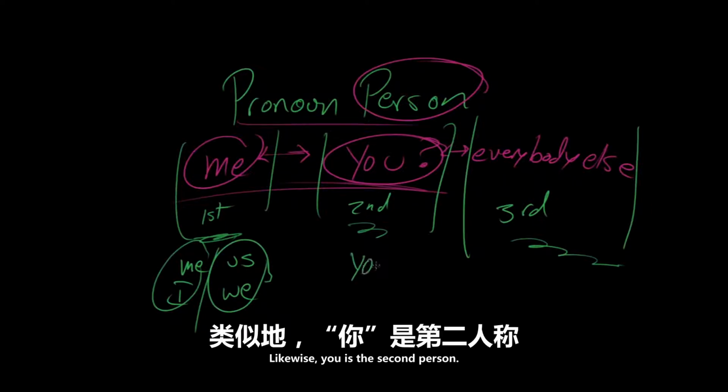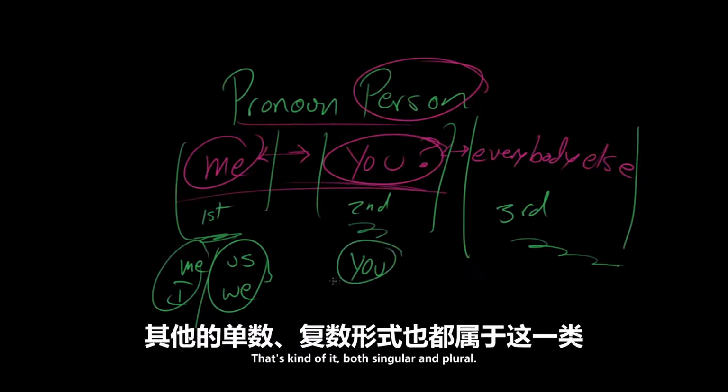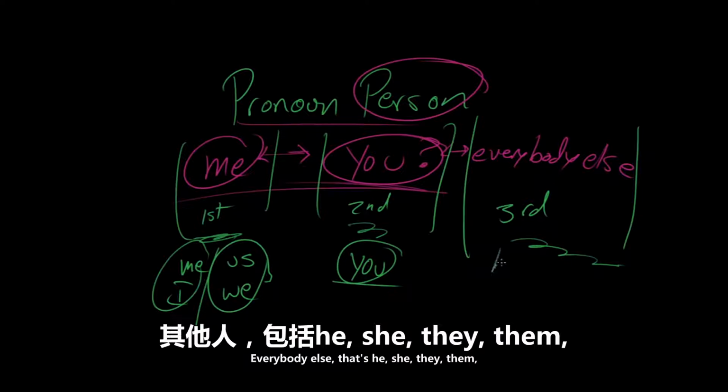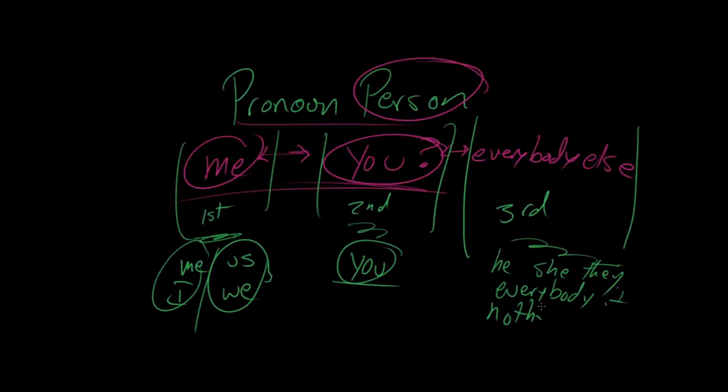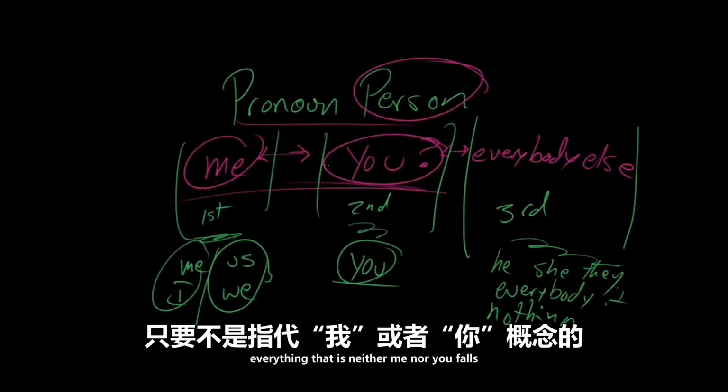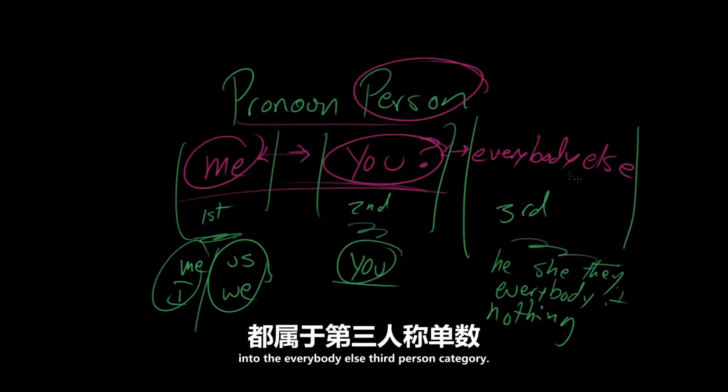Likewise, you is the second person. That's kind of it. It's both singular and plural. Everybody else, that's he, she, they, them, everybody, it, nothing. Everything that is neither me nor you falls into the everybody else third person category.